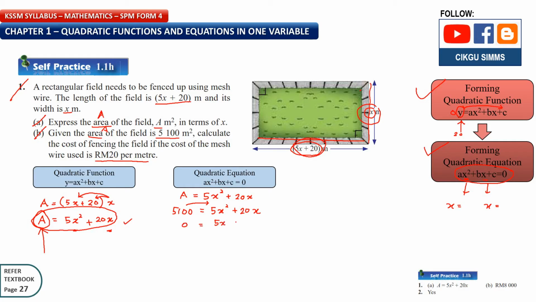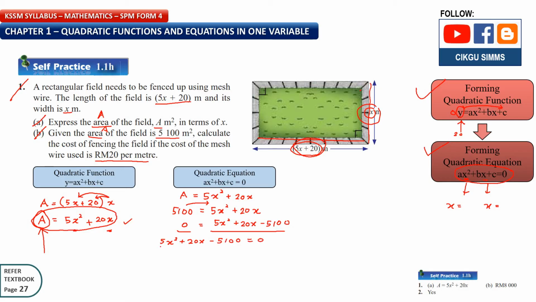And then 5x squared plus 20x minus 5,100. And then I shift everything, left side with right side. So 5x squared plus 20x minus 5,100 equal to 0.